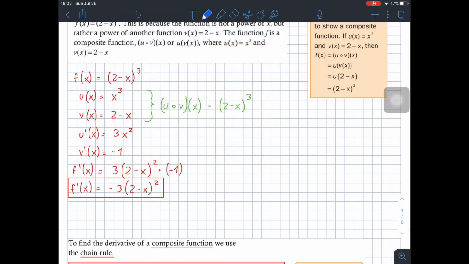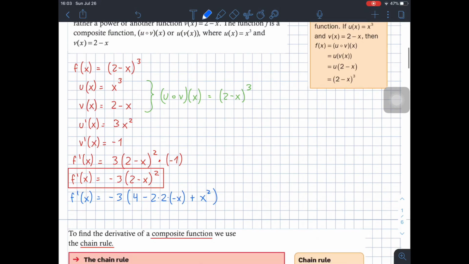Okay? So if I expand this, f prime of x is equal to negative 3 times... If you remember how to expand a square, it's this value squared, which is 4, minus 2 times this, so it's 2 times negative x, plus the last term squared, plus x squared, right?